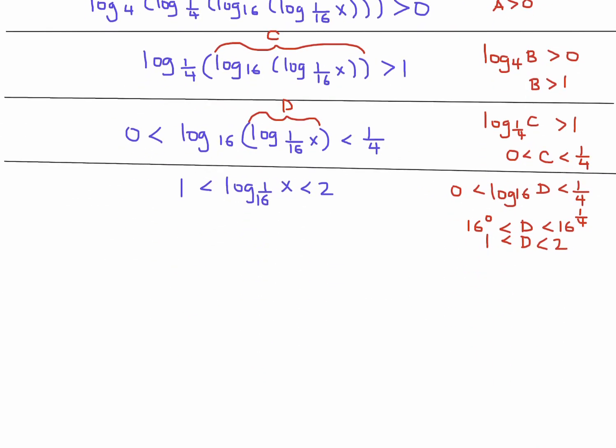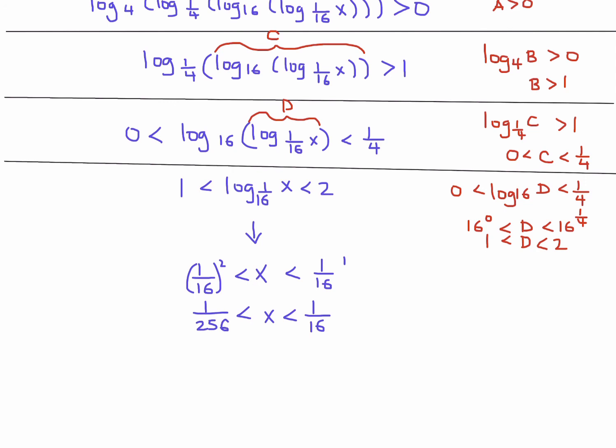So this is base 1/16, sorry. Now from this inequality, we can get to our final conclusion that x is between 1/16 to the power of 1 and 1/16 to the power of 2. And that basically means that x is between 1/16 and 1/256.